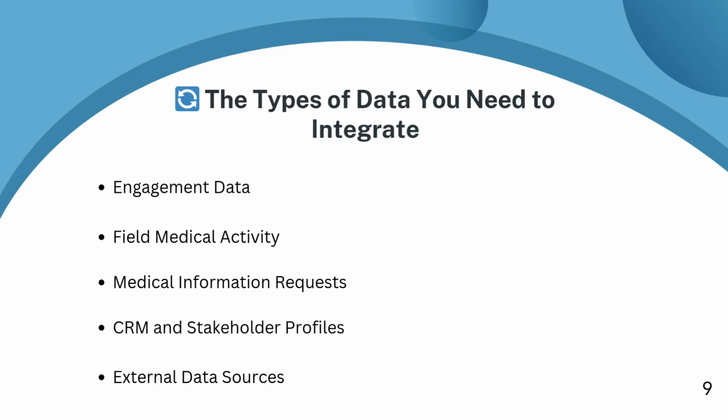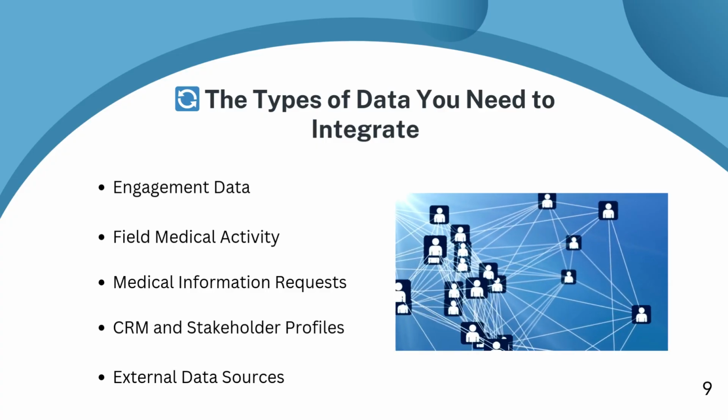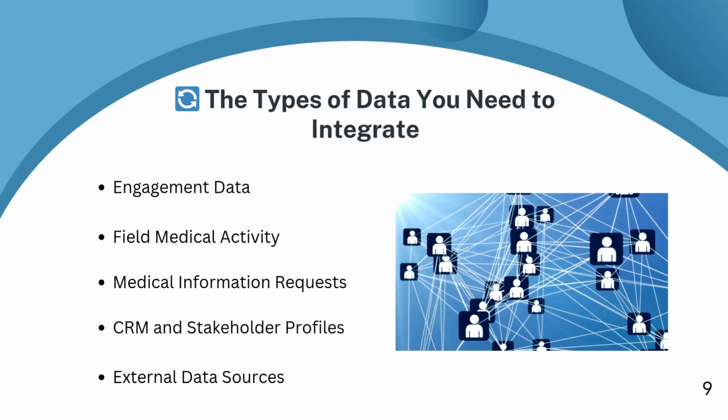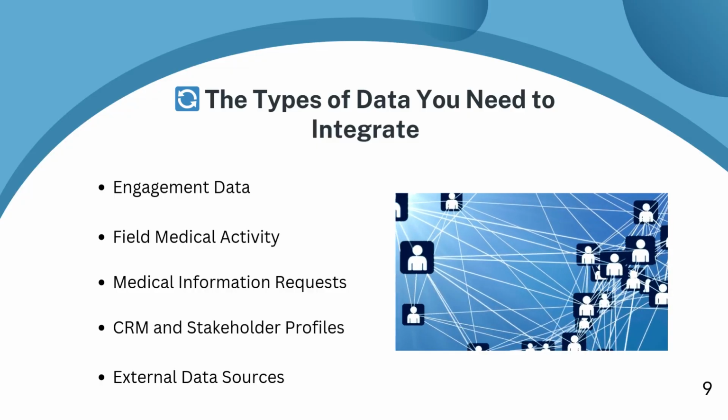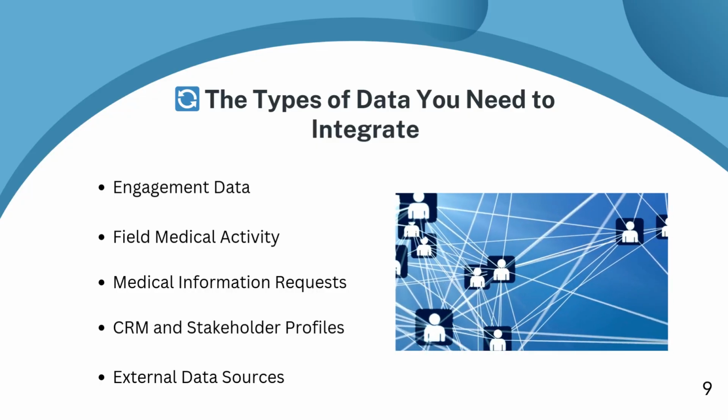External data sources. Think publication activity, social media presence, digital influence, or participation in congresses. This helps identify rising KOLs and digital opinion leaders. Bringing these datasets together gives you a 360-degree view of each HCP, so you can make every engagement count.